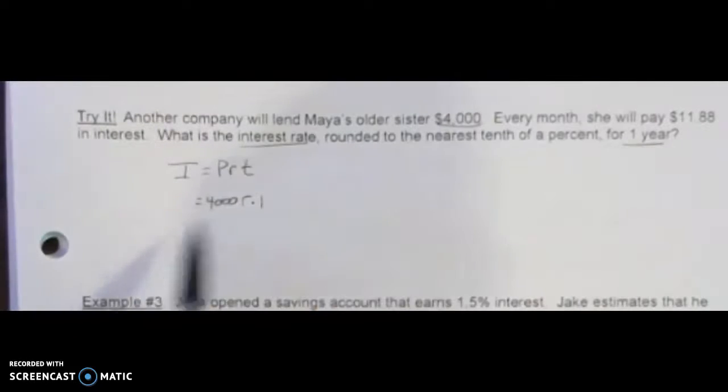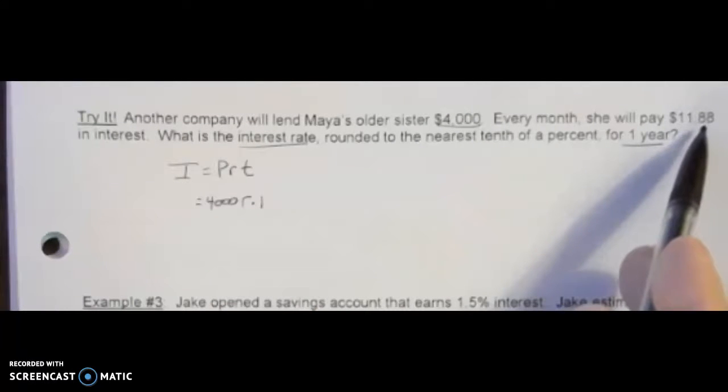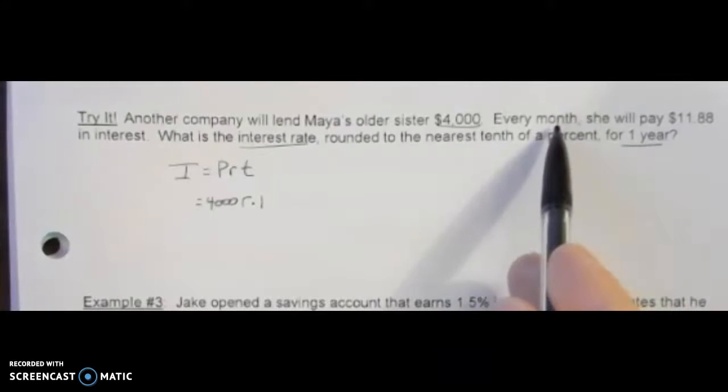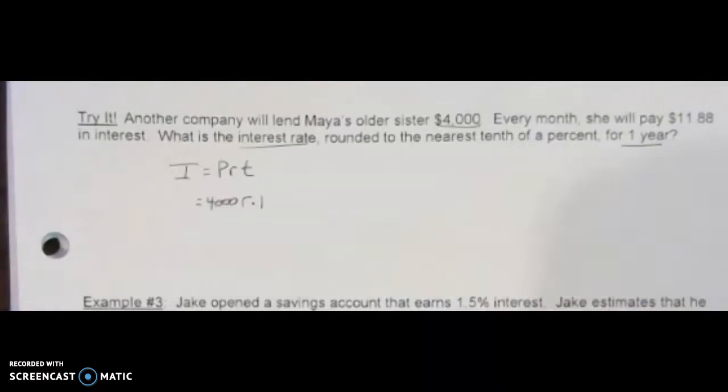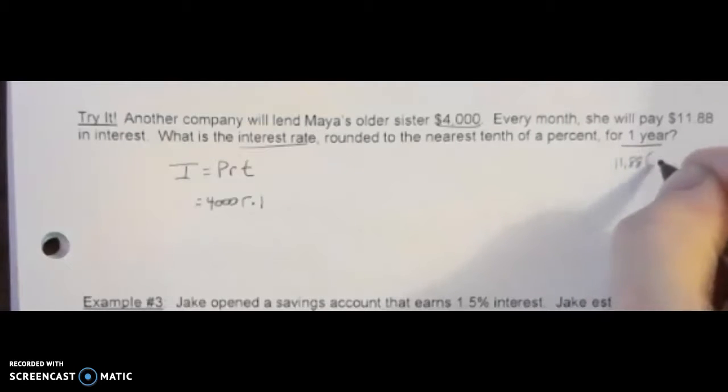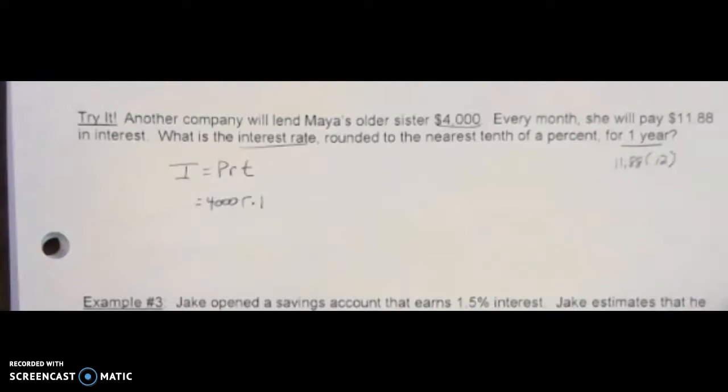Again, they tell you that she's going to pay $11.88 in interest every month, so we're going to have to do a little multiplication here. So if we do 11.88 times 12, again, because there's 12 months in a year, that's going to give us $142.56.